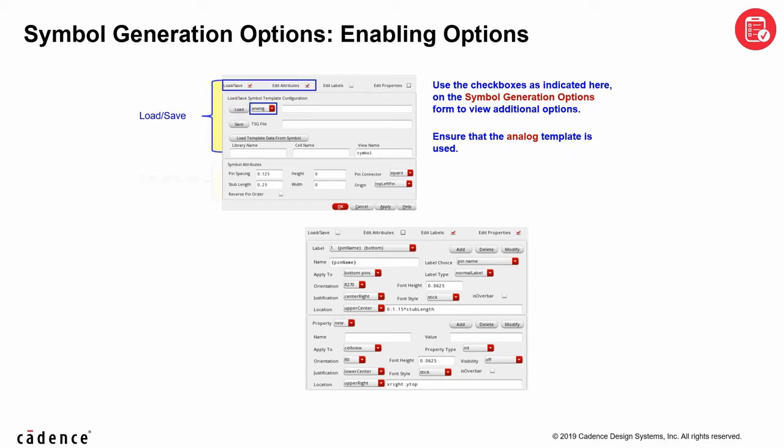In the edit attributes section, you can specify additional attributes for pin spacing, type of the pin connector, stub length, etc. And enabling the edit labels and edit properties options expands the form as you see here in the bottom snapshot. In the edit label section, you can specify options for the font, justification and location of the symbol labels among other options. You can create new properties and add them to your symbol in the edit properties section.